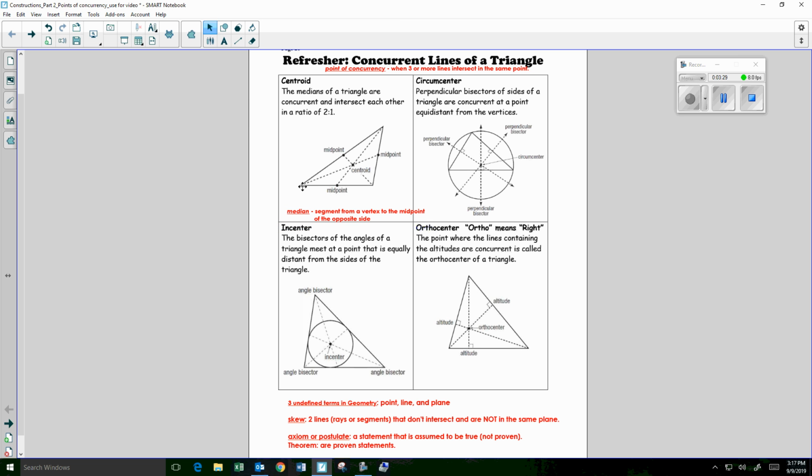From the vertex to the midpoint of the other side is called a median. So that's a median. There's a median. There's a median. Where the 3 medians intersect, that is called the centroid.